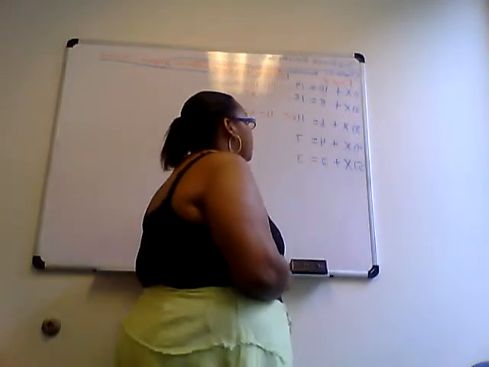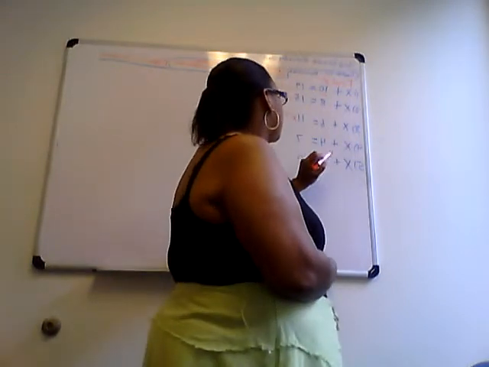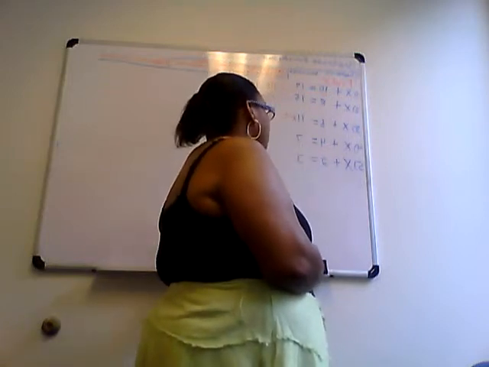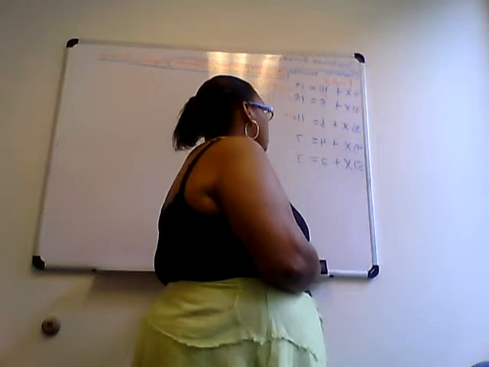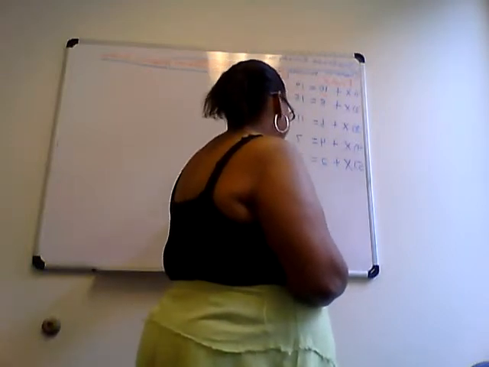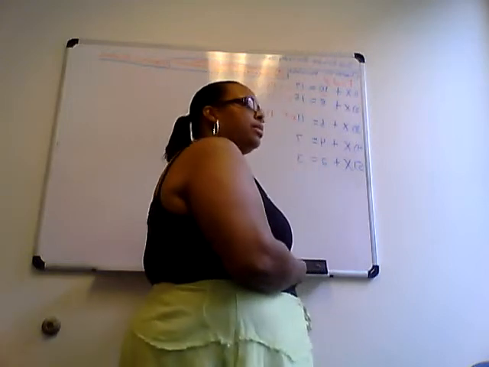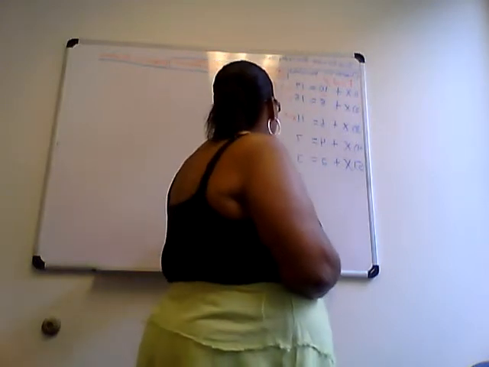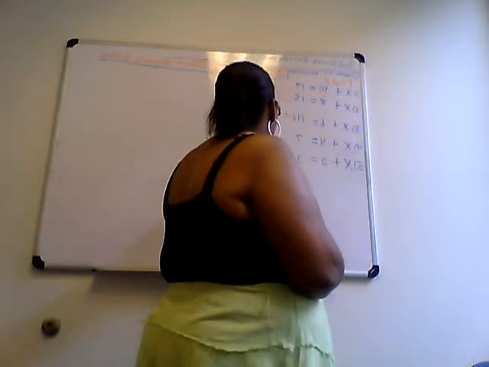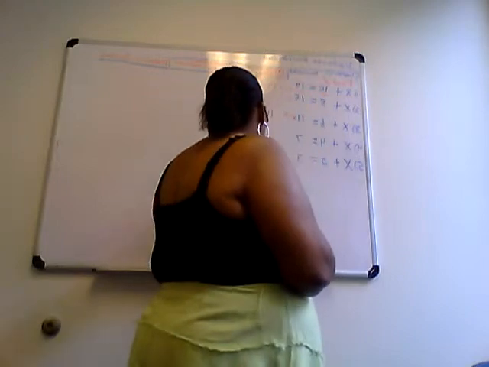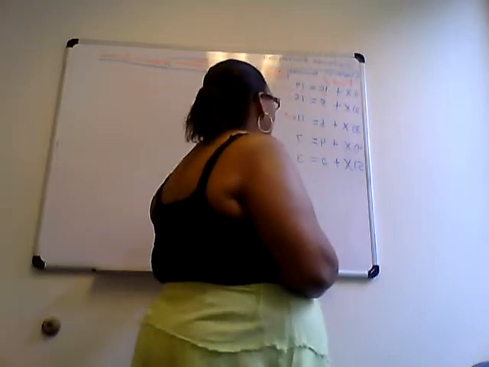We'll try a couple more. Okay, we have x plus 4 equals 7. So, right, the rule is subtraction. And what are the two numbers? Okay, 7. So we have 7 minus 4. And what is that number?